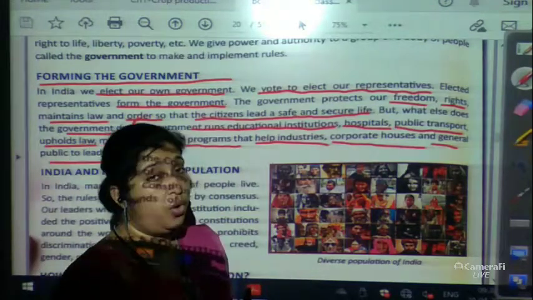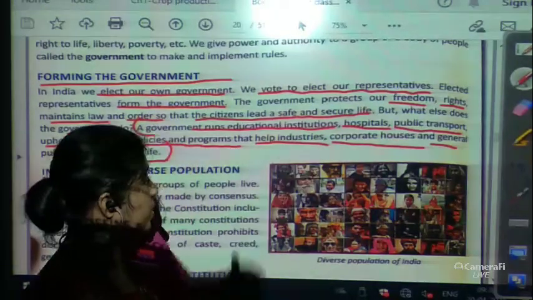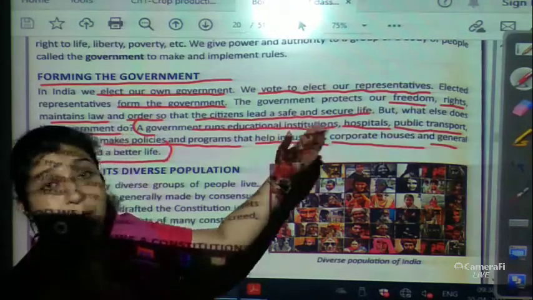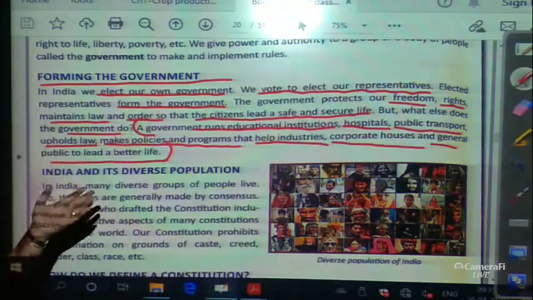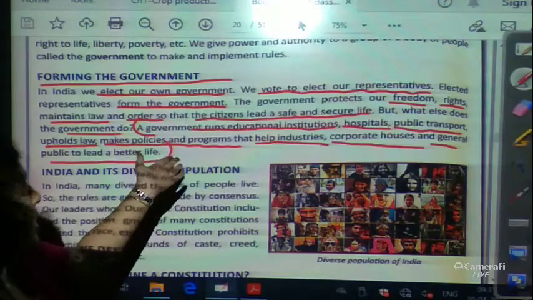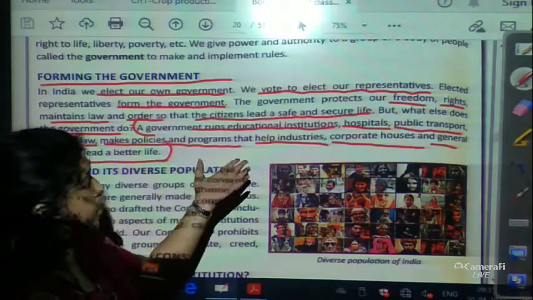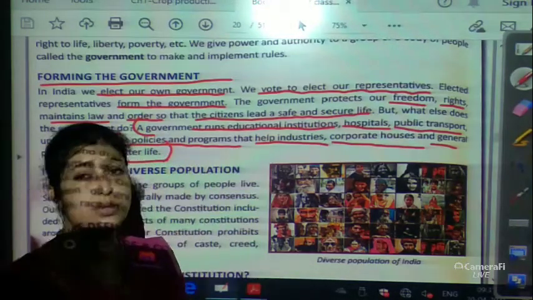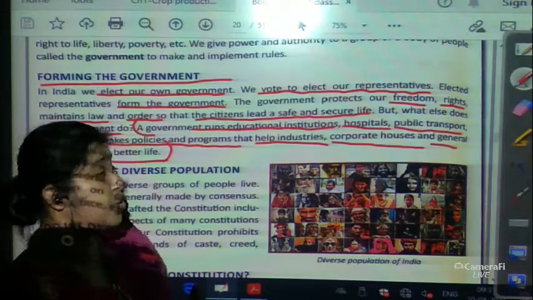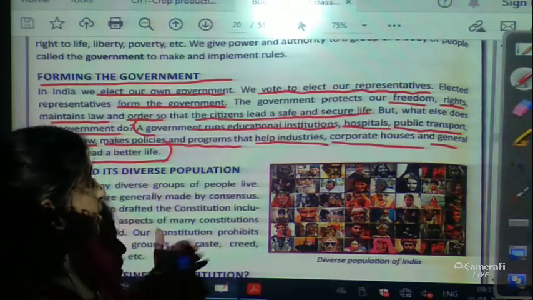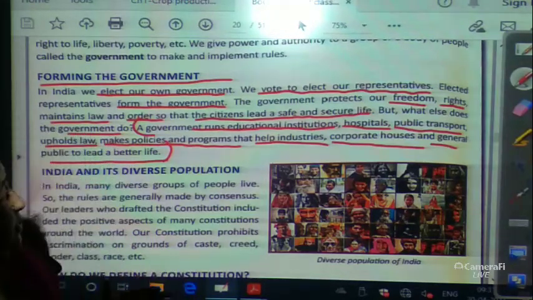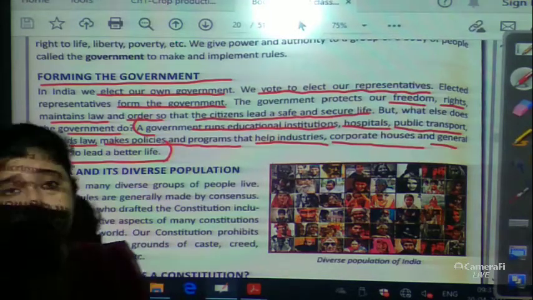We enjoy government facilities from hospitals, institutions, public transport, and any programs and policies which help industries and corporate houses.